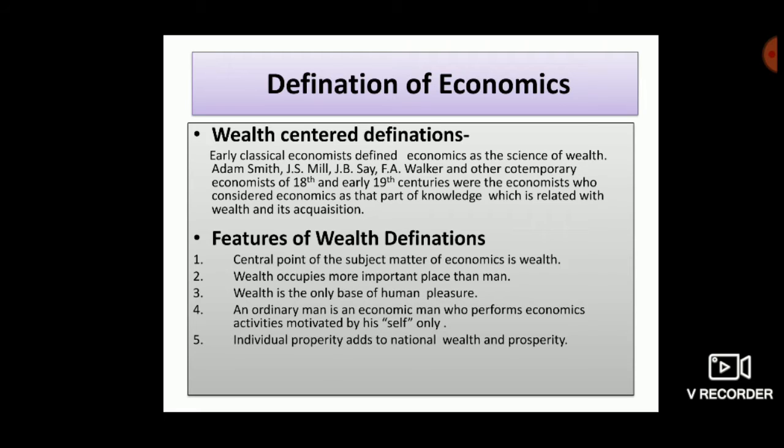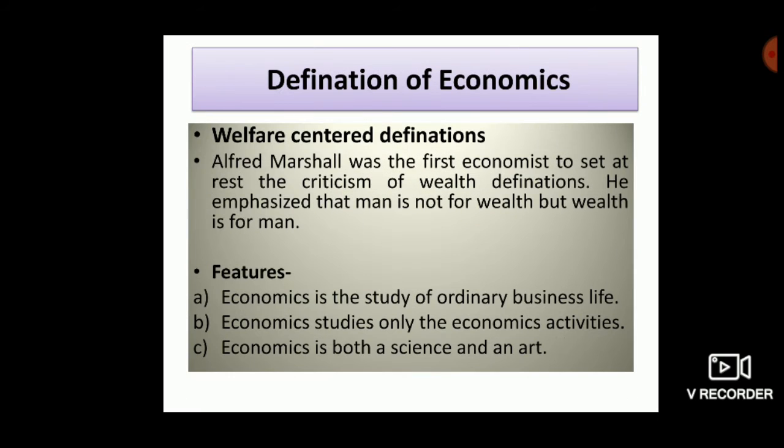The next view of the economics definition is the welfare-centered definition. Alfred Marshall was the first economist to set at rest the criticism of the wealth definition. He emphasized that man is not for wealth, but wealth is for man.